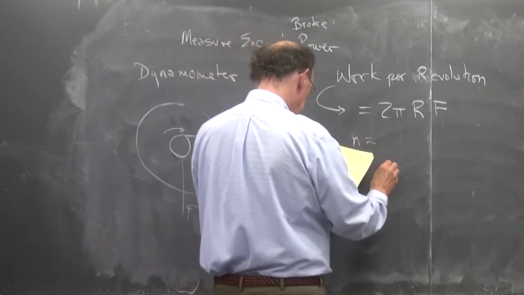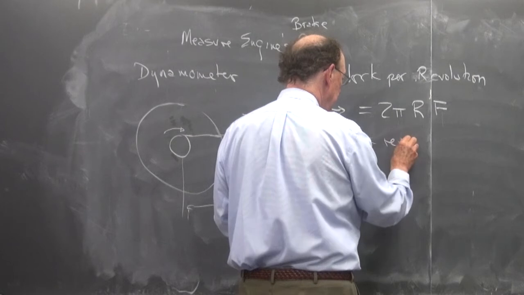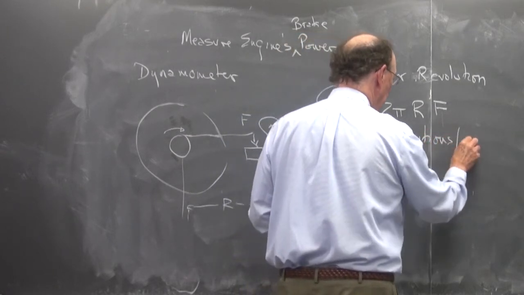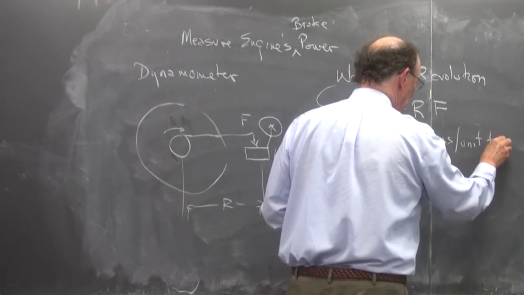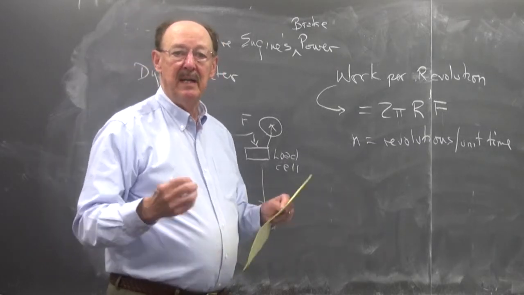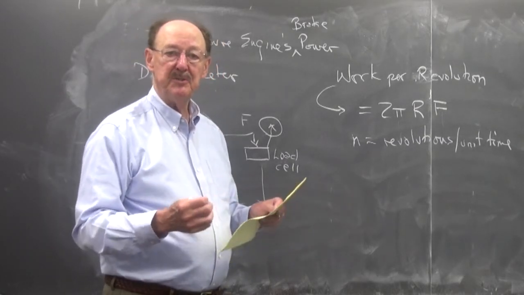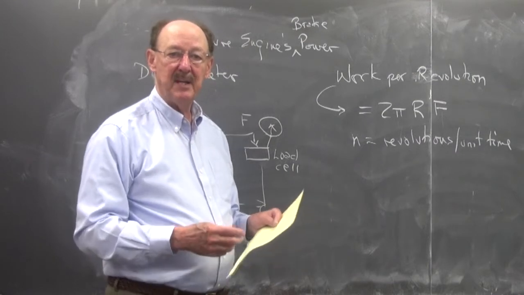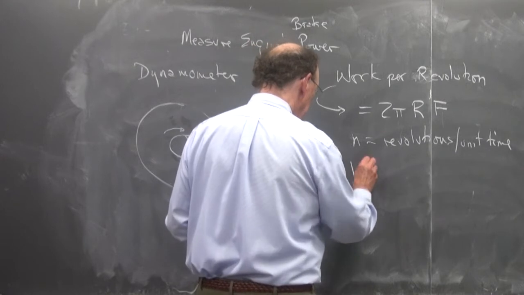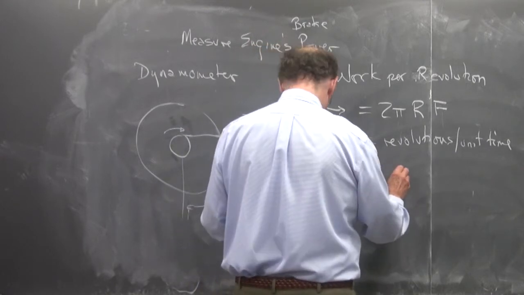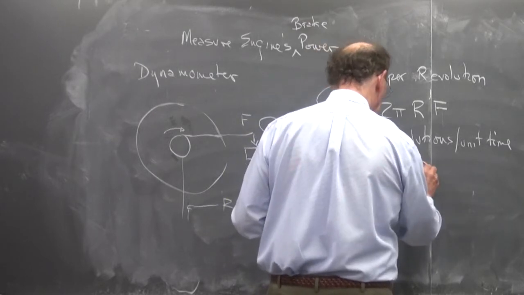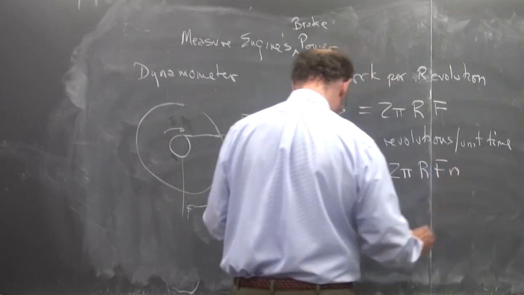N is equal to the revolutions per unit time. And the reason I use unit time is that typically if I'm measuring power in English units, I'm using minutes, and in SI units, I'm using seconds. And so I have that the power is equal to 2 pi R F N.